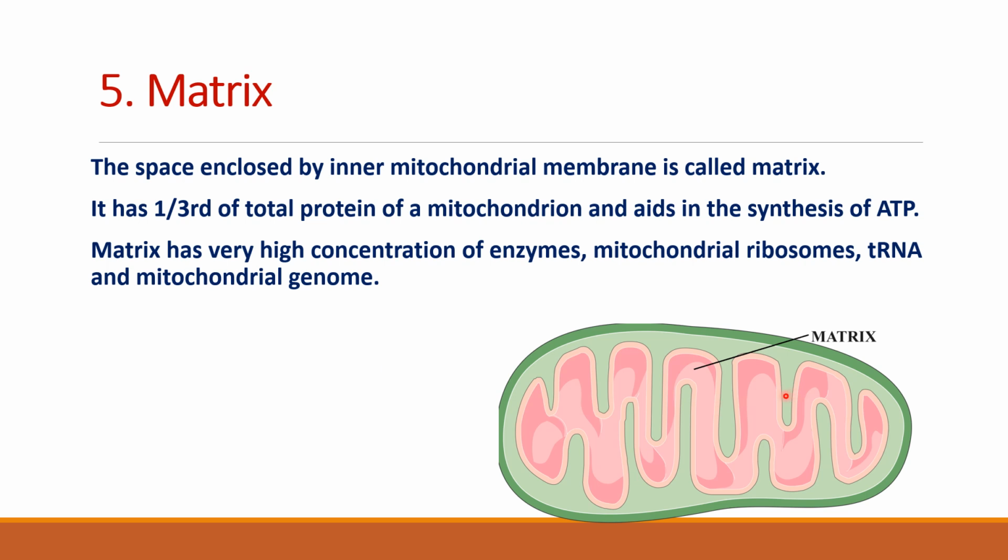The matrix has very high concentrations of enzymes. You have mitochondrial ribosomes, you have tRNAs, you have the mitochondrial genome, which is a circular genome. And one more thing is, this matrix is responsible for oxidation of pyruvate, fatty acids, and also the citric acid cycle.